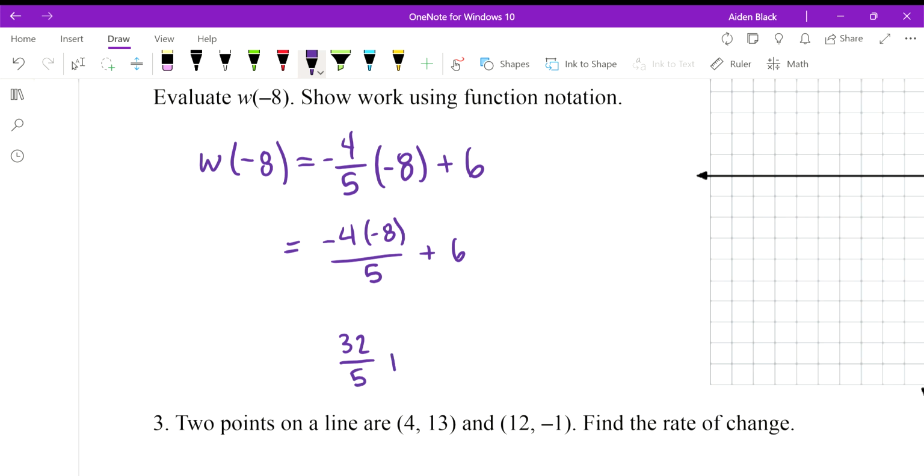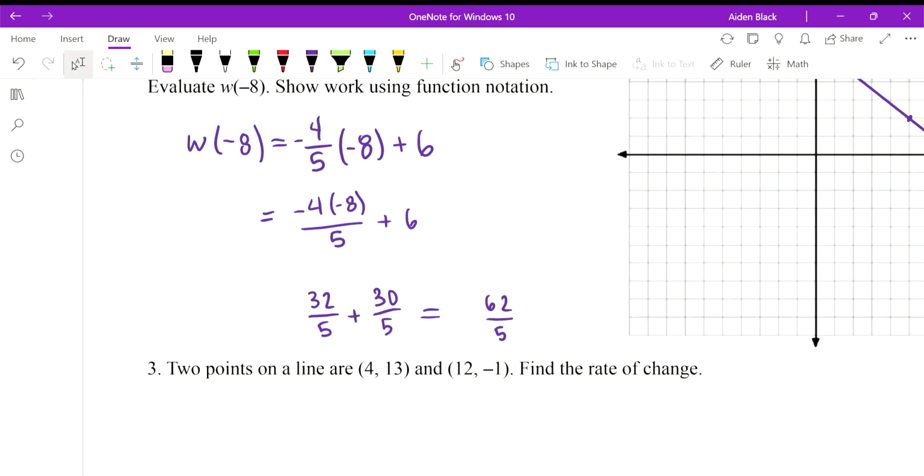32/5 plus 6. Now I'm going to write this in fifths so that I can add these two values. So 6 is the same as 30/5. Now I can add these and I will get 62/5, which looks like it's 12.4, if I got that right.